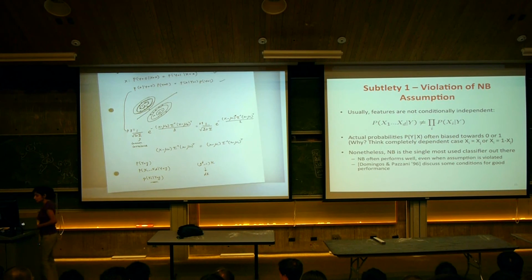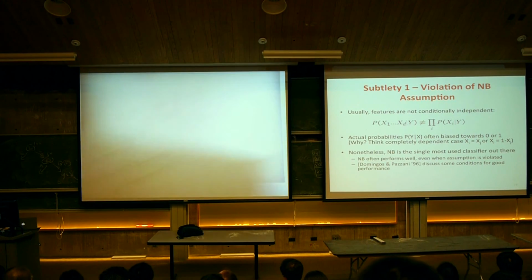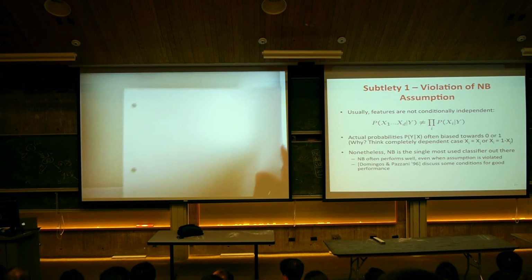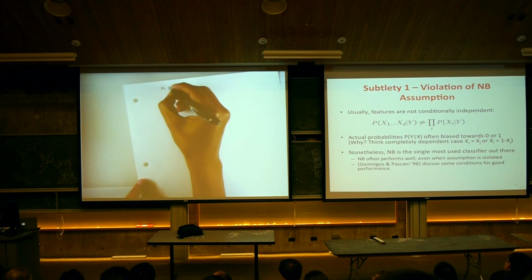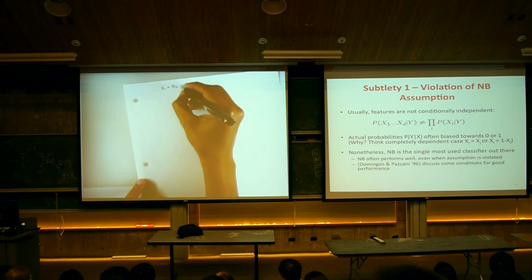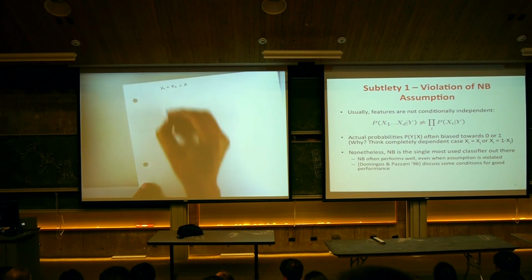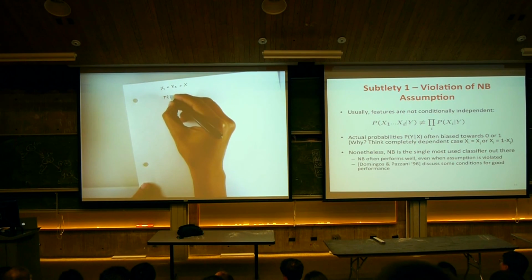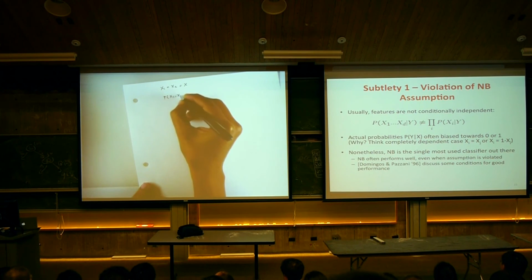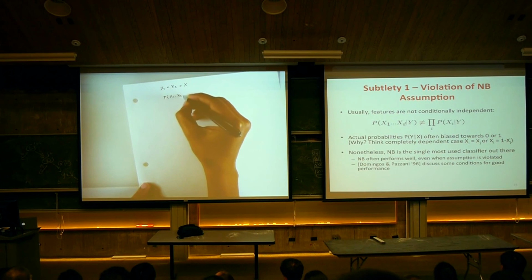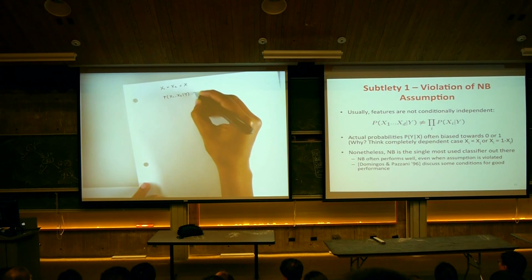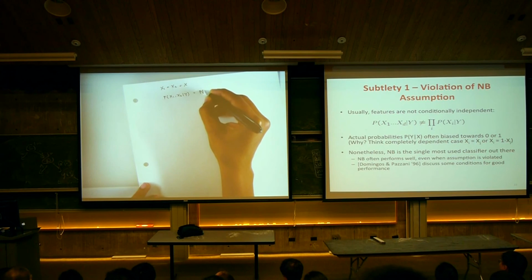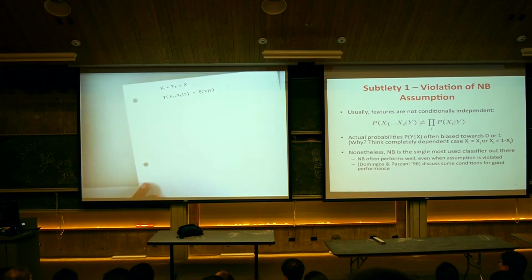Because what we are doing is, say we have two features, x1 and x2, and they're actually just the same. They're just x. Then the Bayes optimal classifier is going to use p of x1, x2 given y, which is actually just p of x given y.